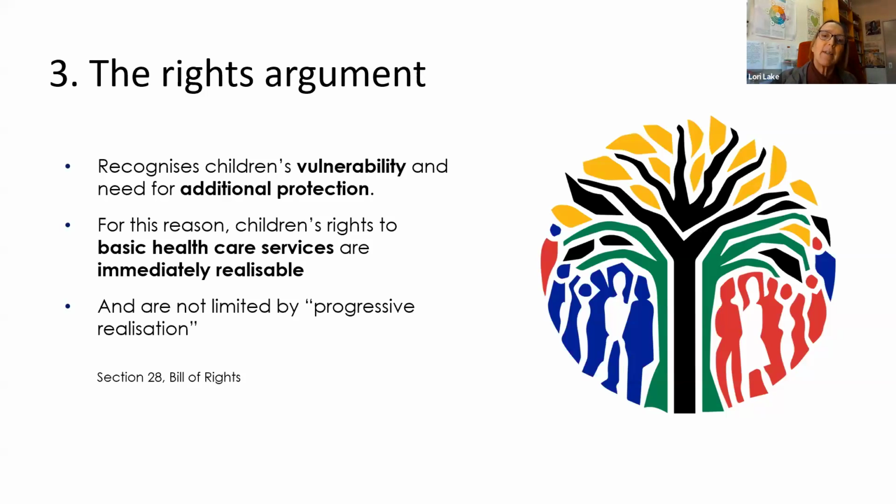Children's rights are not limited by progressive realization or having available resources in place. And this has been found by a number of child rights experts to indicate that children's health care needs should be prioritized within the broader basket of care.